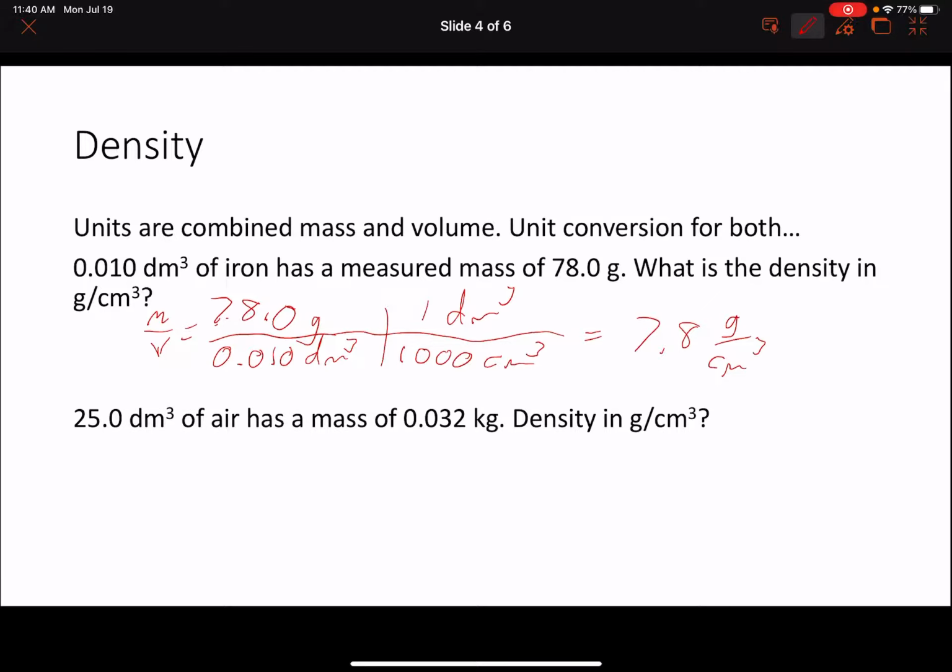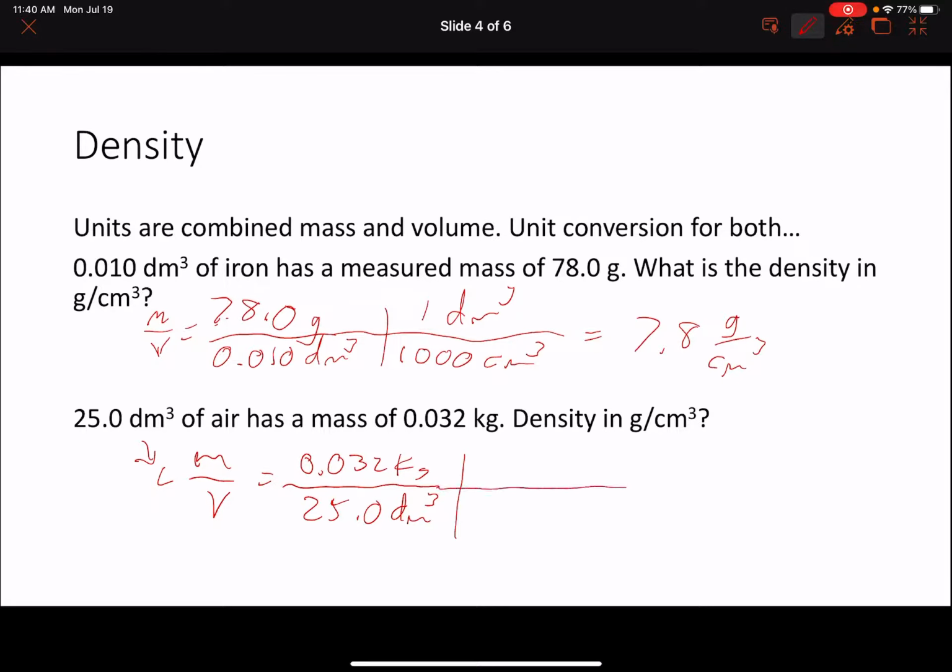Then let's do another one. If we have 25 cubic decimeters, which is the same thing, by the way, as 25 liters of air, with a mass of 0.032 kilograms, we want it in grams per cubic centimeter. So our mass over volume: our mass is 0.032 kilograms, and then I'll divide by our volume that we're given.